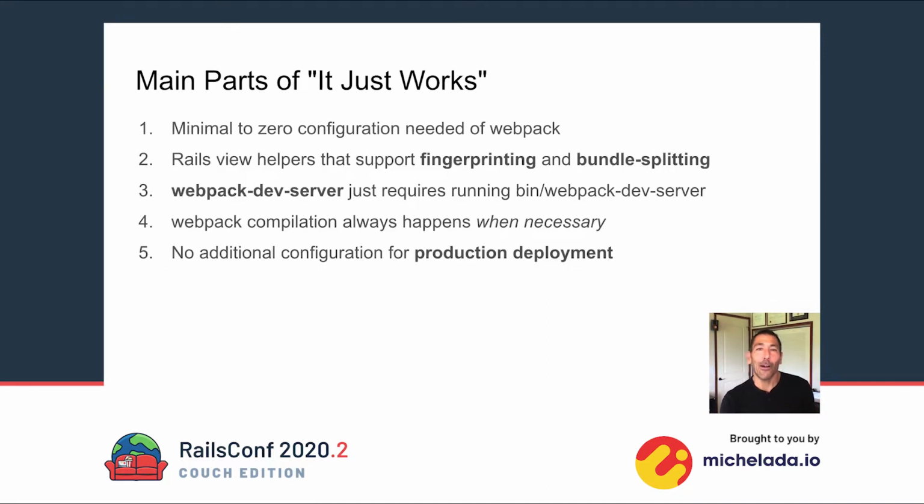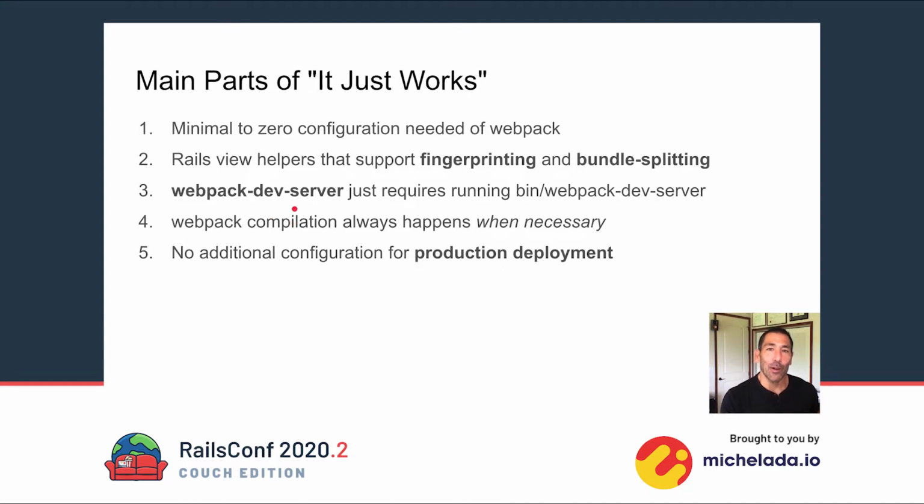So what are the main parts of It Just Works? So first of all, we want minimal to zero configuration needed of Webpack. So it's easy for Rails developers. We want the Rails view helpers to support fingerprinting and bundle splitting. We've got something called the Webpack dev server, and we want to make that easy to run.